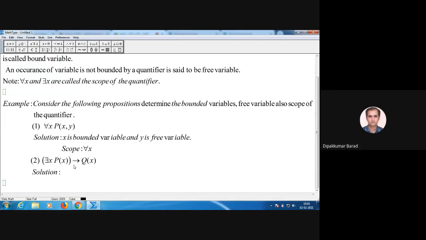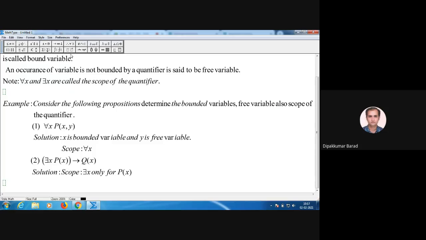So the statement p of x is bounded, q of x is a free statement, and there exists x is the scope. So I can say the solution: scope is there exists x only for p of x, not q of x.